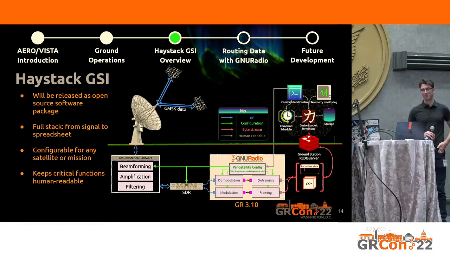And a lot of the specific motivation for using Redis was to be able to dump commands onto a Redis receive stream, which would be picked up by this ground station software and transmitted. And then at some other point, it would dump the received data back into a Redis downlink stream.